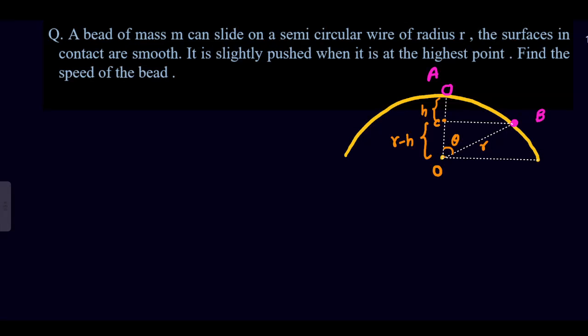Now look here. The bead is falling down because of gravitational force. Gravitational force is a conservative force, so can you apply the law of conservation of energy? From the law of conservation of energy, between A and B: UA plus KA equals UB plus KB.